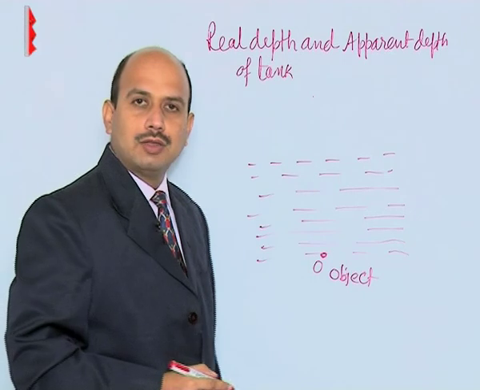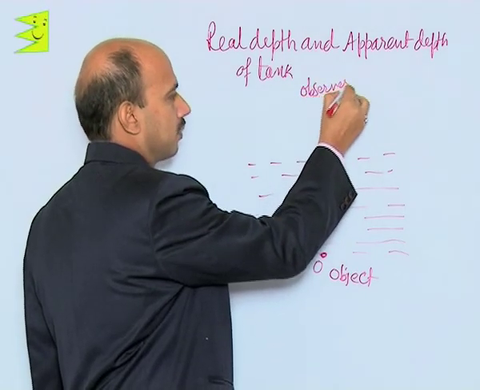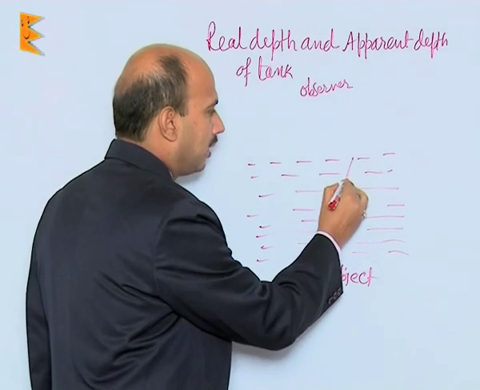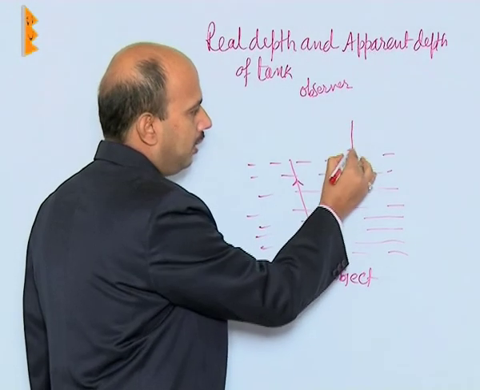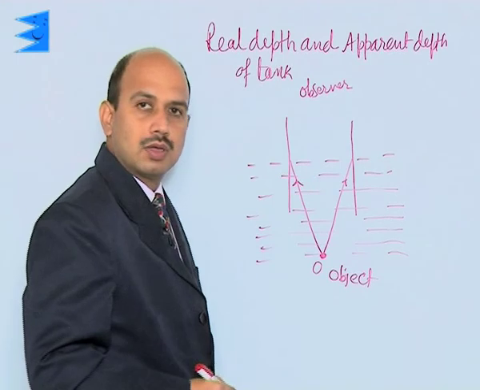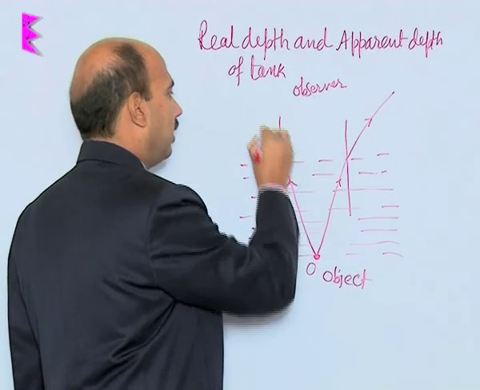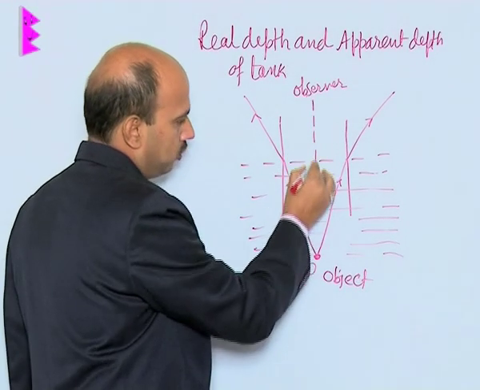Normally you are looking at the object, so the observer is here. Now, from the object we take two rays, one like this and one like this, and at the interface we draw a normal. We find that after refraction this ray goes to this side and this one goes to this side, and this is the actual normal viewing.